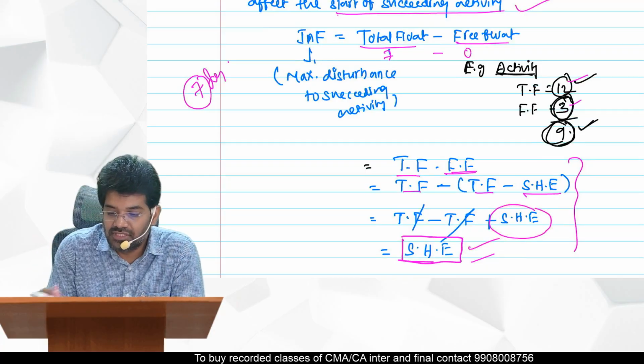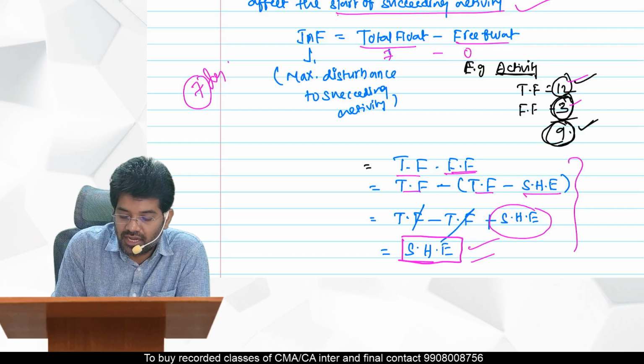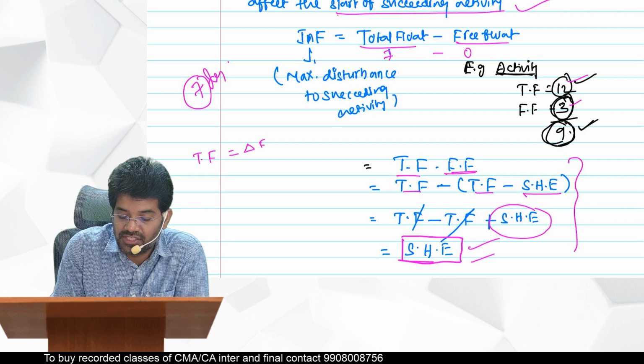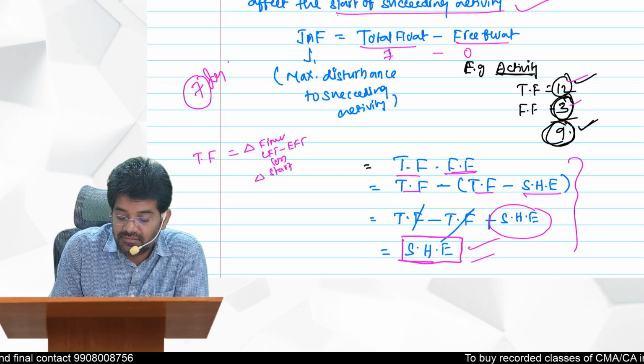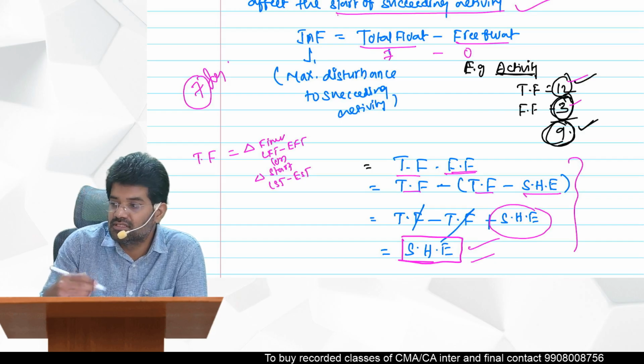Okay, quickly, if you see now, how do you get total float? By comparing either the change in finish times, latest finish time minus earliest finish time, or by comparing the change in start times also. What is that? Latest start time minus earliest start time. This is how you can get total float.